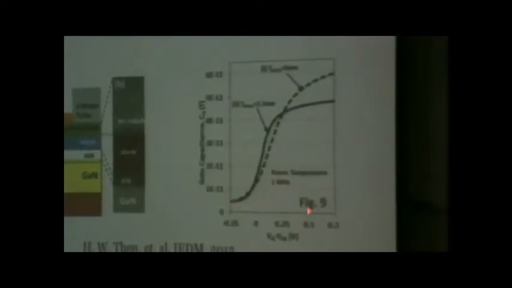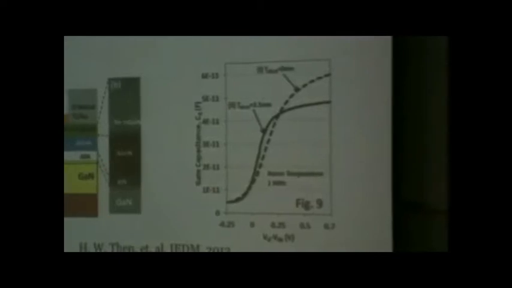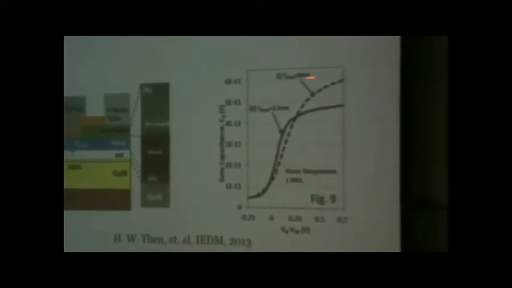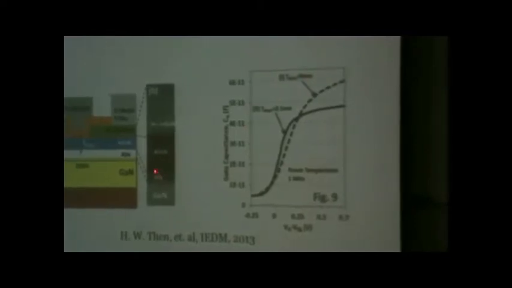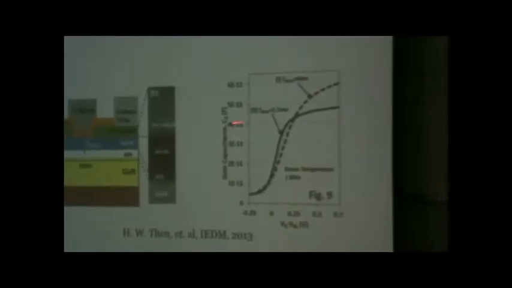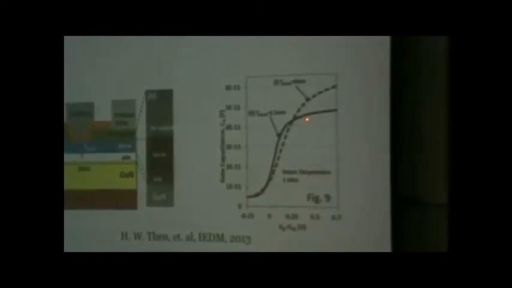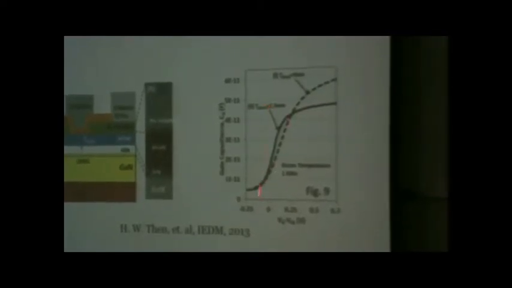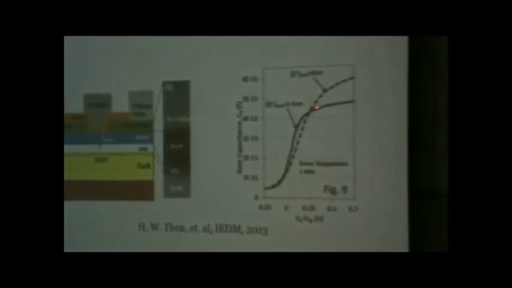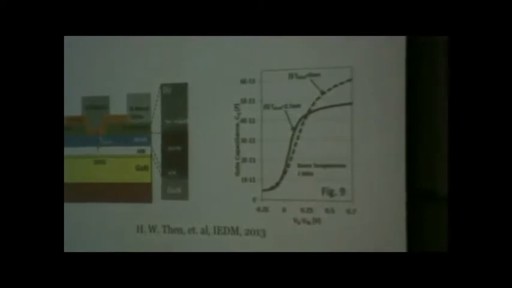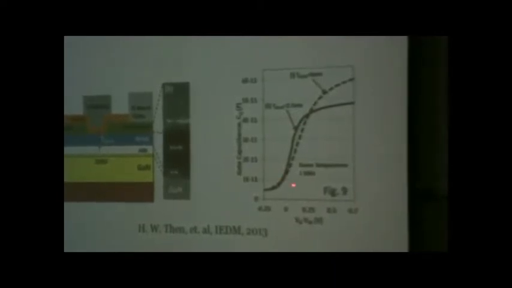Why is that? If you look at this device, when you do not have this aluminum indium nitride layer, the dashed curve shows the CV. When you have that layer, the solid curve shows the CV, and you see that the capacitance, even after increasing the thickness of your gate dielectric, is actually higher.